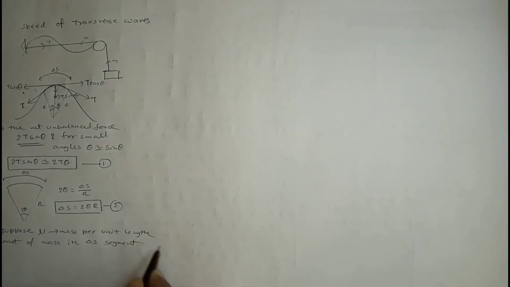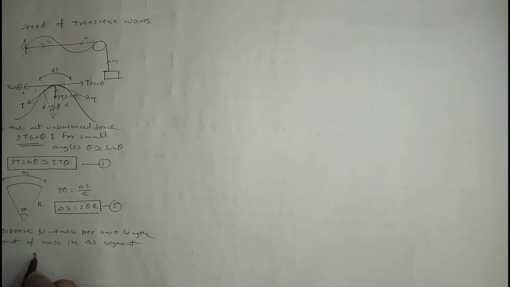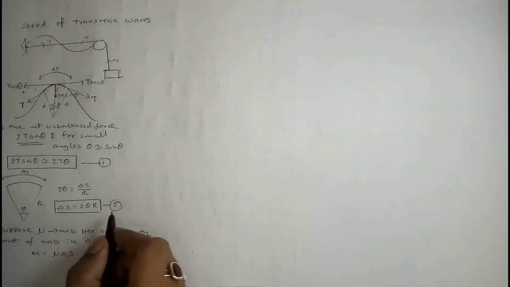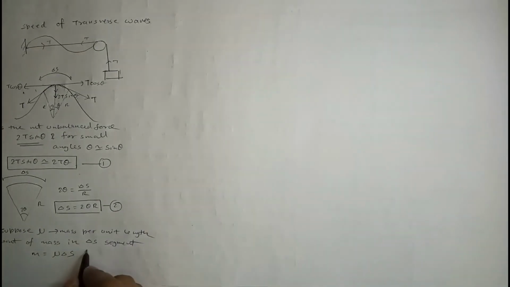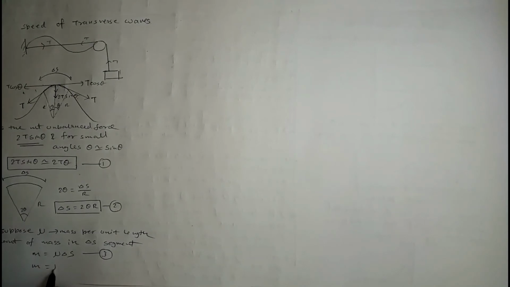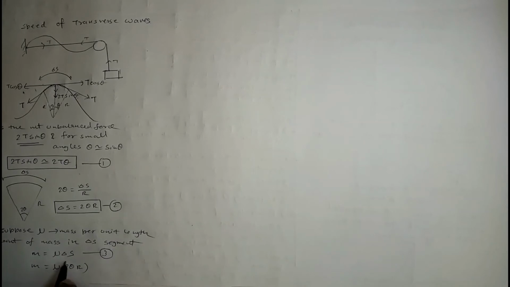Here we take a small part of this string, that is delta S, so our mass becomes m is equal to mu delta S. This is our equation 3. Now we put the value of delta S, that is 2 theta r, so we get m is equal to mu 2 theta r.